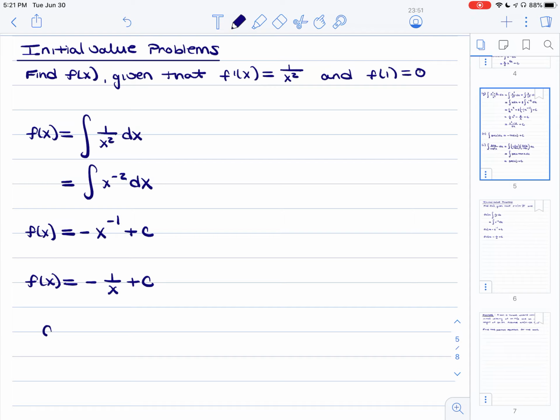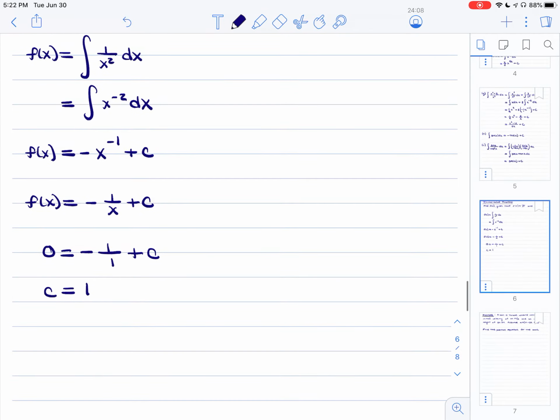So we're saying here our function is equal to 0 when our x value is equal to 1. And of course, if we solved that out, that would tell us that c is equal to 1. So our final function here then is f of x is equal to negative 1 over x plus 1.